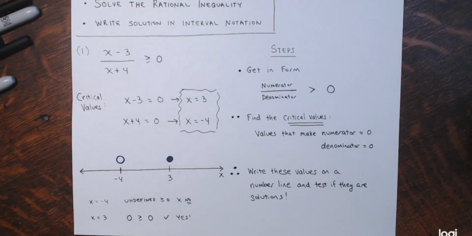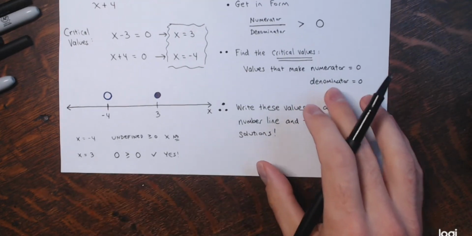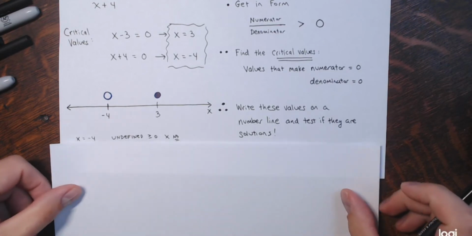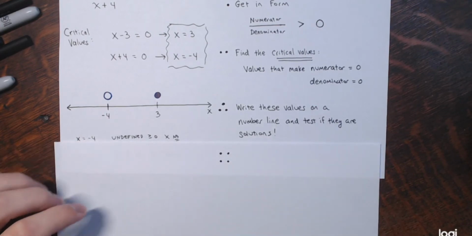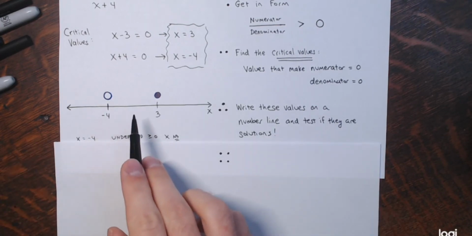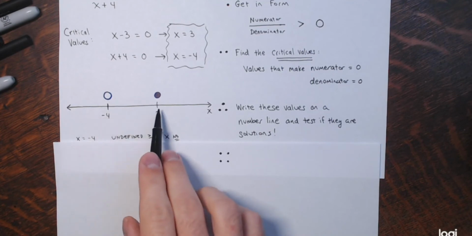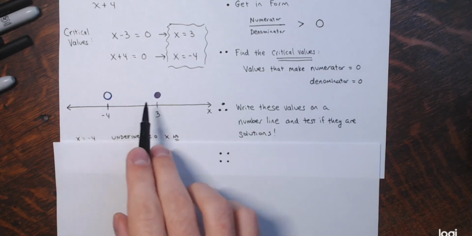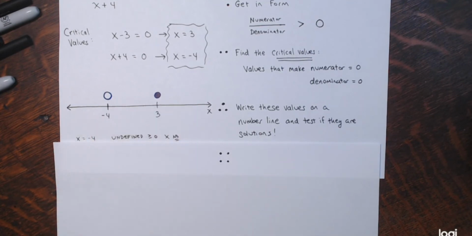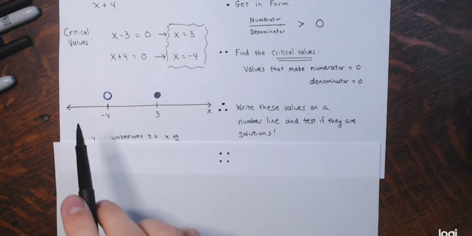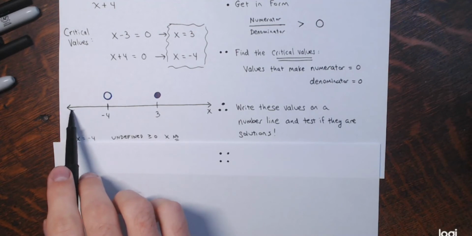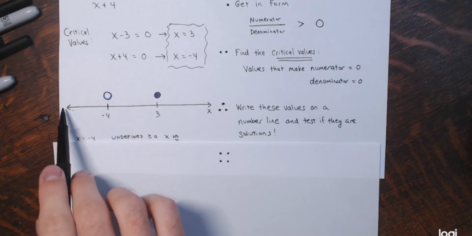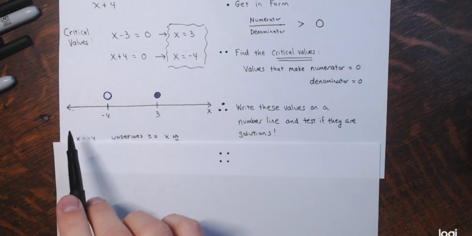Now, after you've placed these critical values on the number line, you see how these critical values break up the number line into pieces, into intervals. You have this interval to the left of negative 4, from negative infinity up to negative 4.